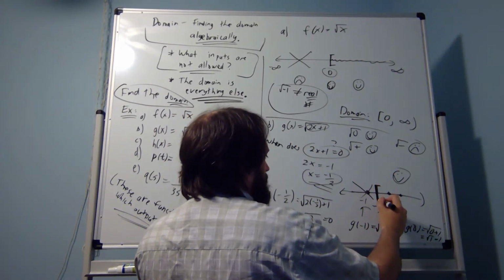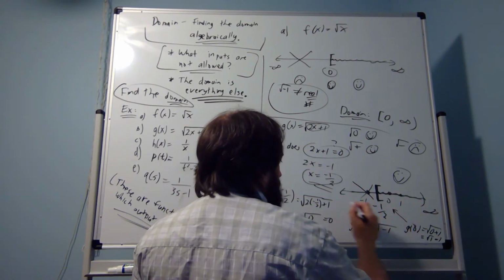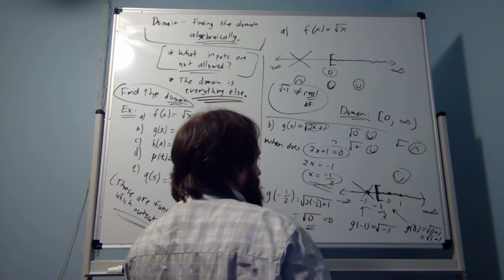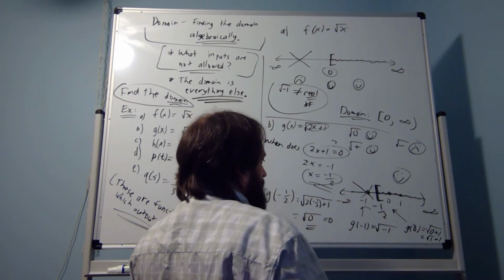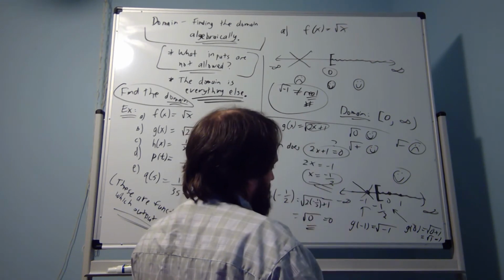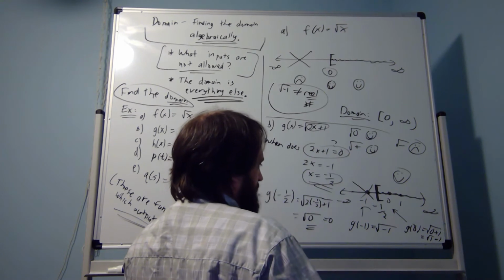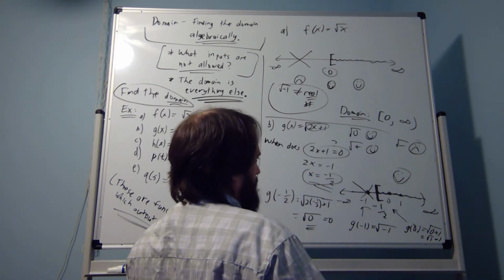So a picture of the domain looks like this. Bad things happen if we plug in x less than negative 1/2. Negative 1/2 is right on the borderline, but it's okay because square root of 0 is 0. X bigger than negative 1/2 is also okay.